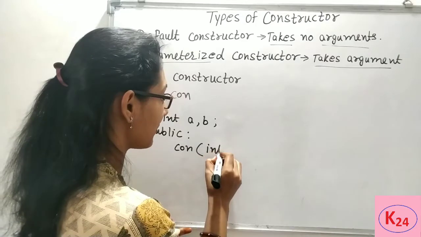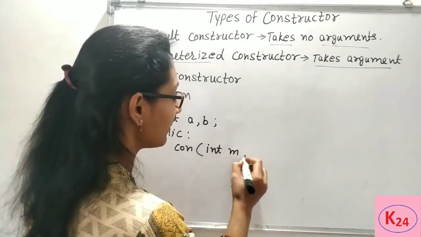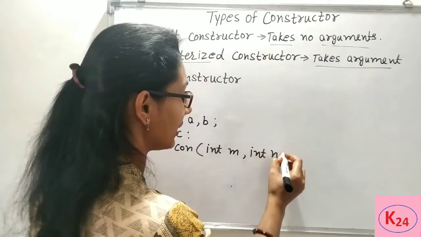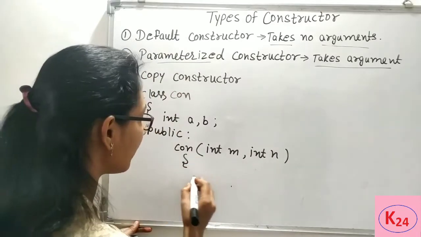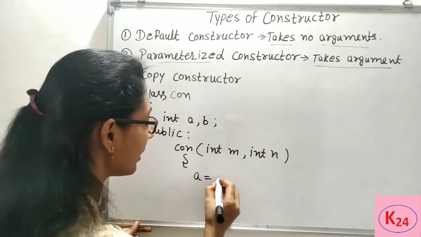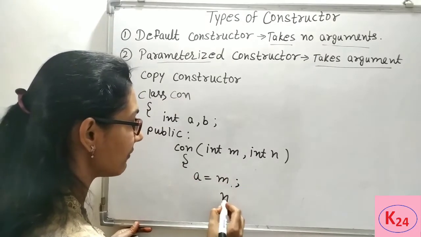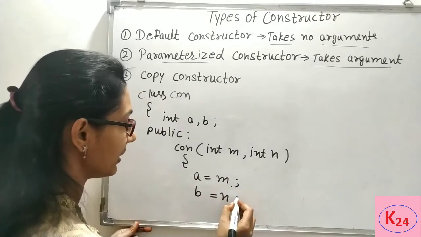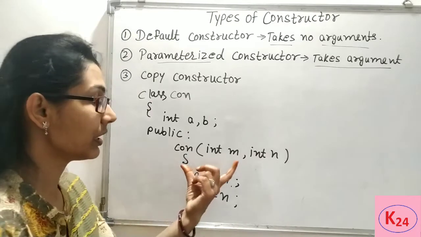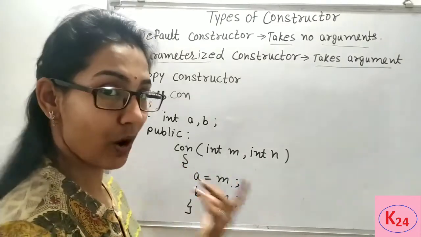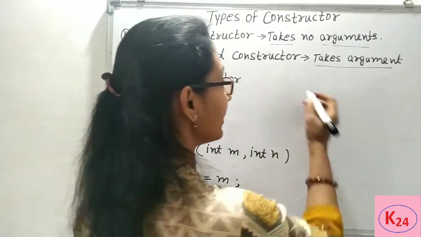So suppose I am passing int m and int n. Now the value of m will be passed into a and the value of n will be passed into b. So this is the parameterized constructor.